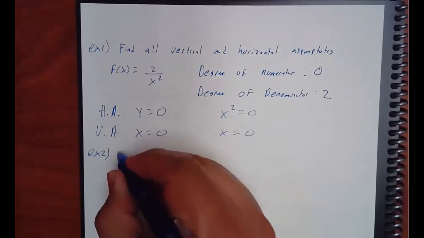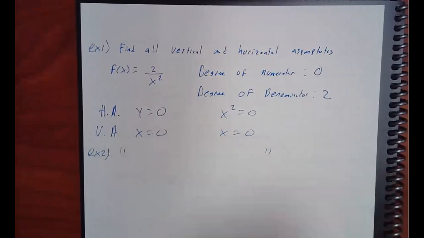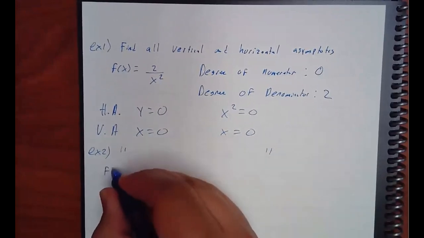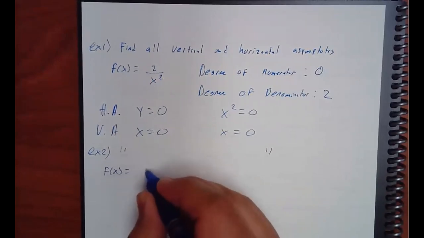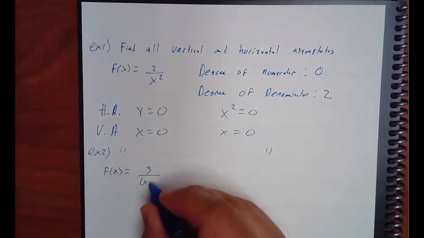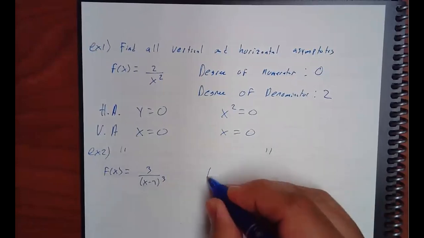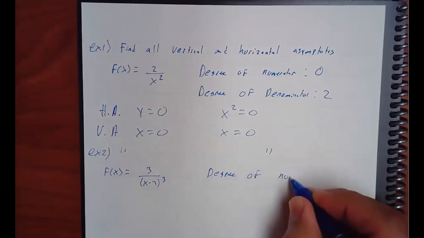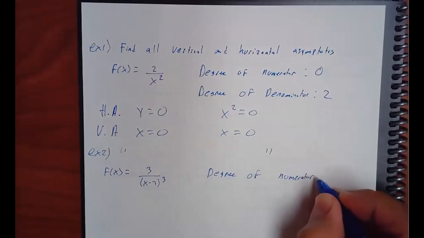Number 1, the same question. Just going to put quotes so we know that's the same thing. f of x is 3 over (x minus 7) cubed. So what is the degree of the top? 0.